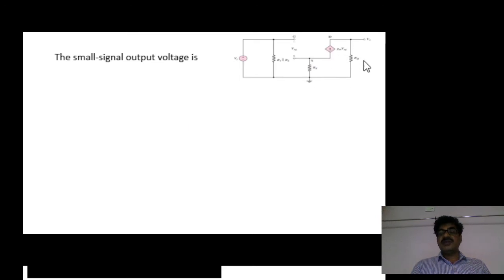From the diagram, the voltage across RD is the output voltage. But how much is the voltage drop across RD? How much current is flowing? That is gmVGS, or gmVSG, because the polarities are: source is positive, gate is negative. That's why it is represented as VSG, and the current direction is upward.